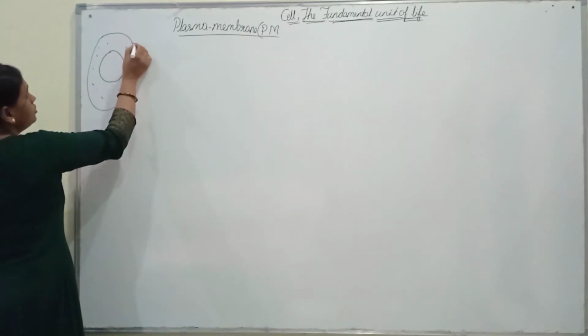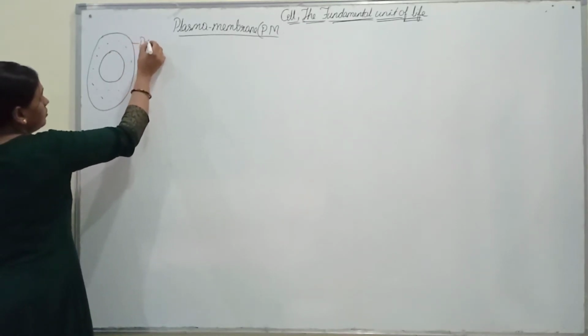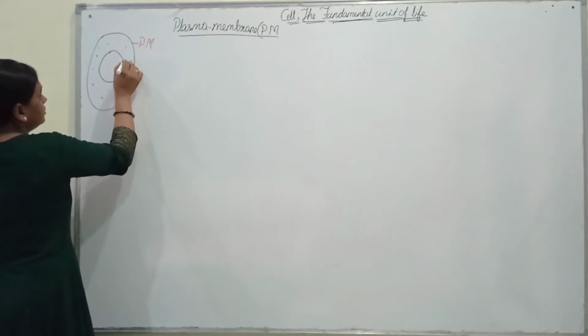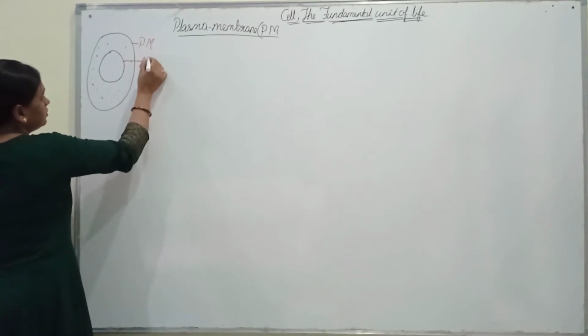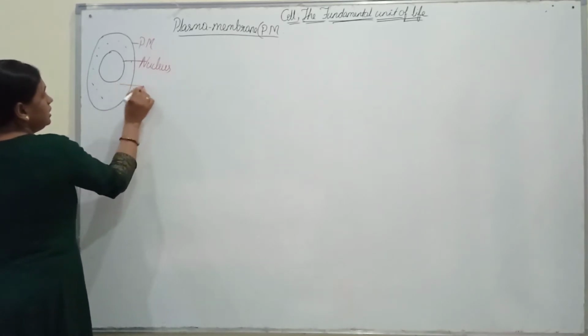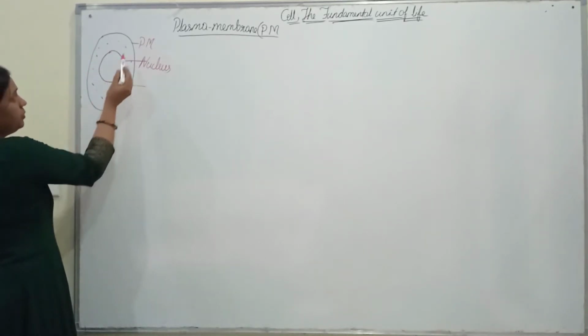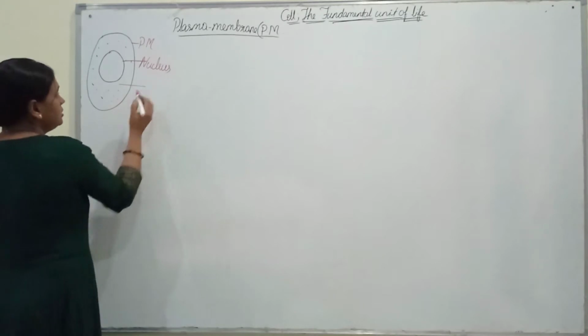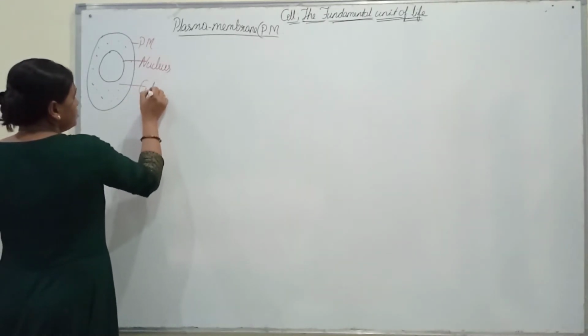This is the outermost layer called plasma membrane. This is the nucleus. Central part of the cell is called nucleus, and the liquid part present between the plasma membrane and nucleus is called cytoplasm of the cell.